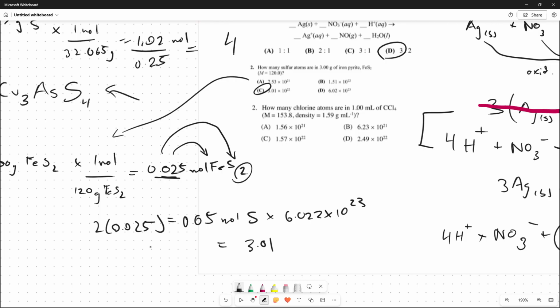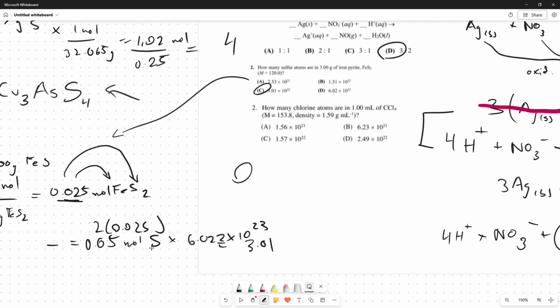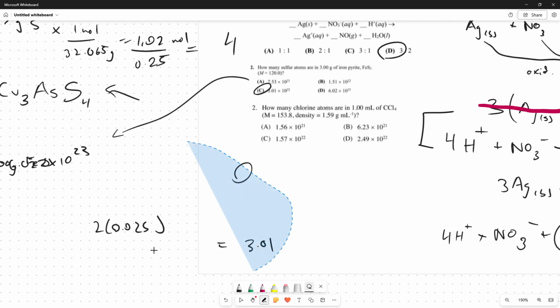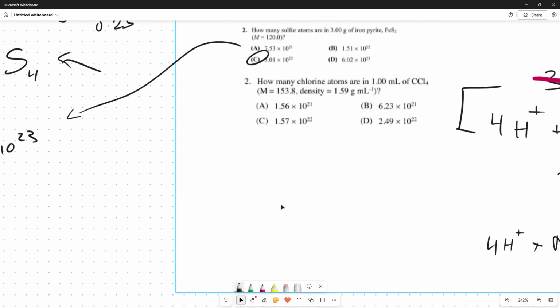Let me move all this again. How many chlorine atoms are in 1 milliliter of CCl4, which has a molar mass of 153.8 and a density of 1.59 grams for every milliliter?